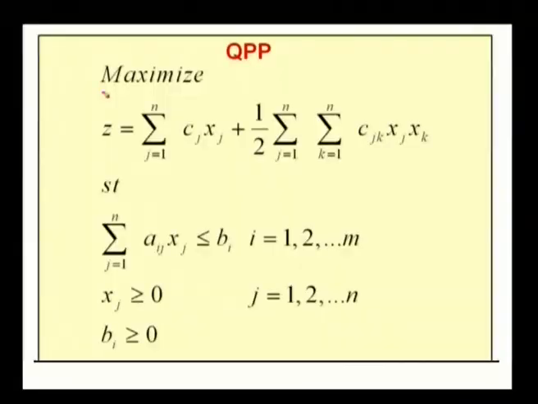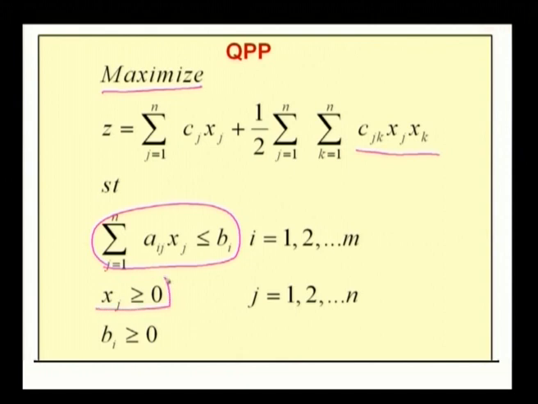A QPP can be written in matrix form: maximize z equal to summation Cj xj plus double summation Cjk xj xk, subject to the constraints summation aij xj less than or equal to bi, i varies from 1 to m, j varies from 1 to n, together with the non-negativity restriction xj greater than or equal to 0.